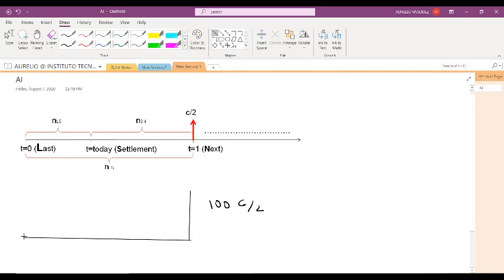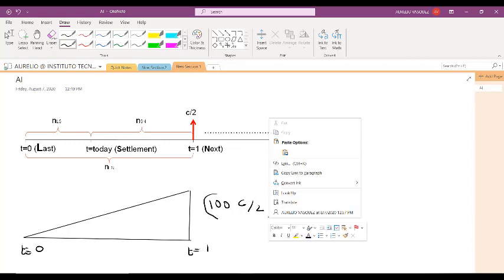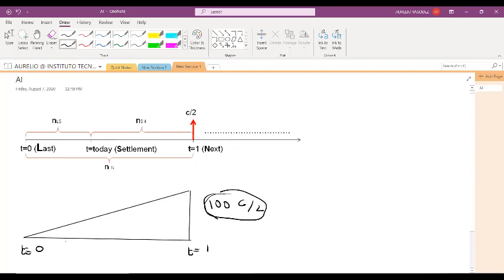From t equals 0 up to t equals 1, this would be 0, and this would be t equals 1. So here I'm going to receive the full coupon, 100 times c over 2. But if I'm somewhere in the middle, like at t equals today, then I'm going to receive less than that. And the question is, how much less? This quantity is going to be called accrued interests.